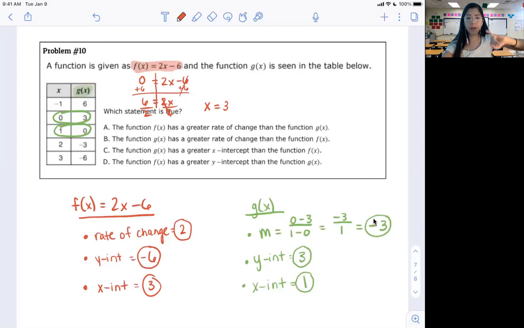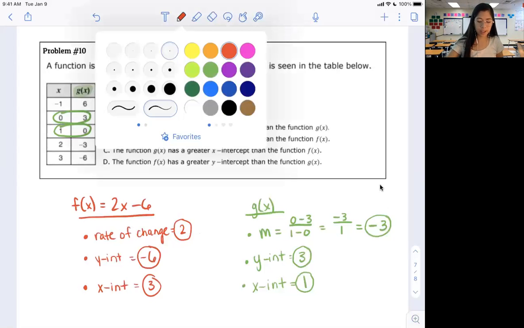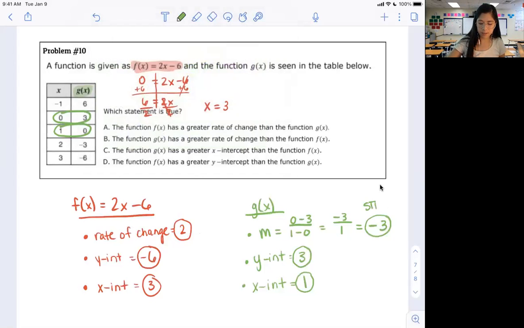So if I'm asking you which one is greater, we aren't talking about positives versus negatives. We're just talking about how far away is it from 0. So in that case, 2 is actually smaller than 3. So it doesn't matter positives or negatives. Ignore the negatives. Just based on the actual absolute value, this would actually be a steeper slope. That's the tricky thing. Steeper.